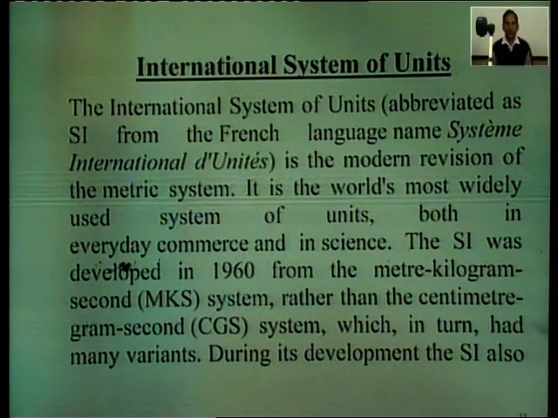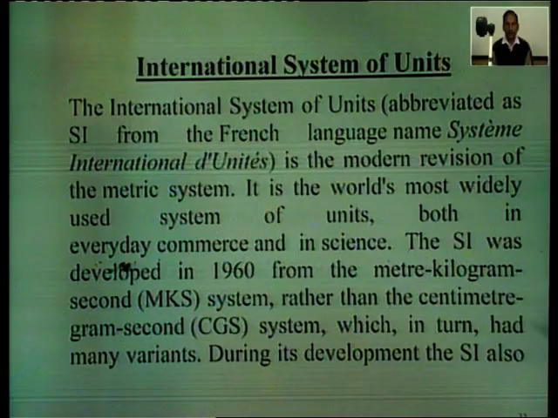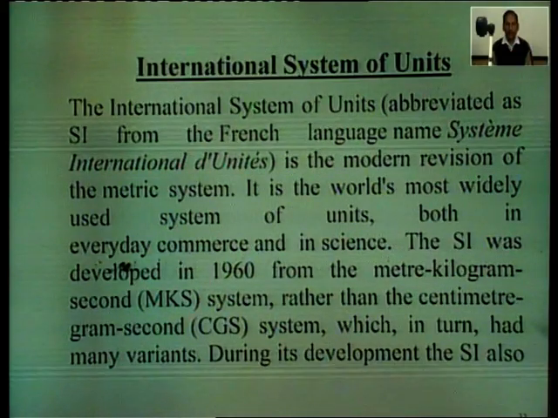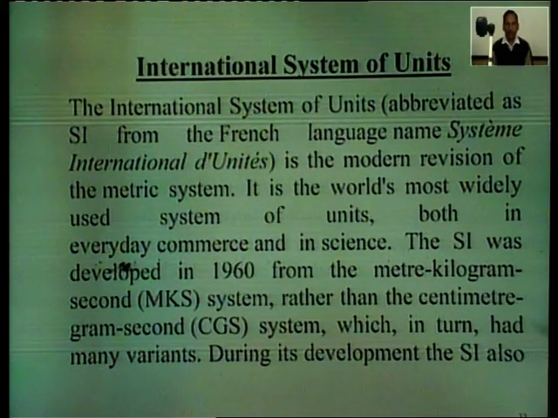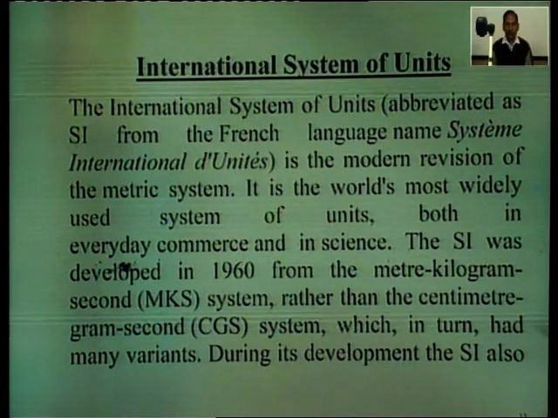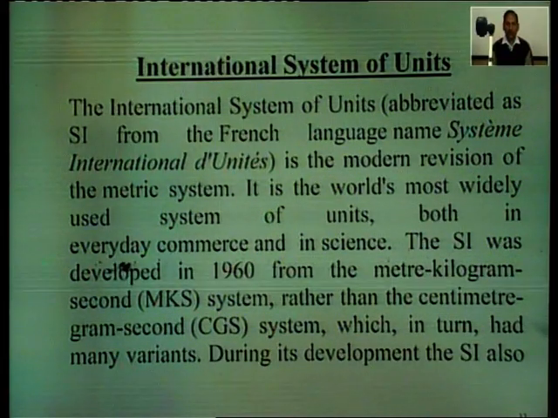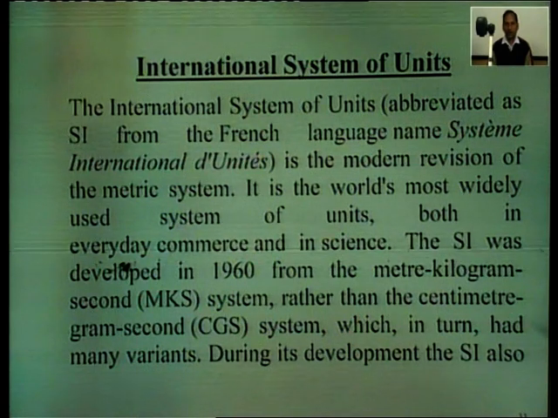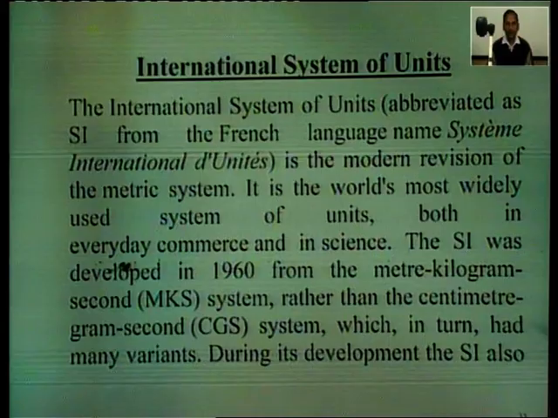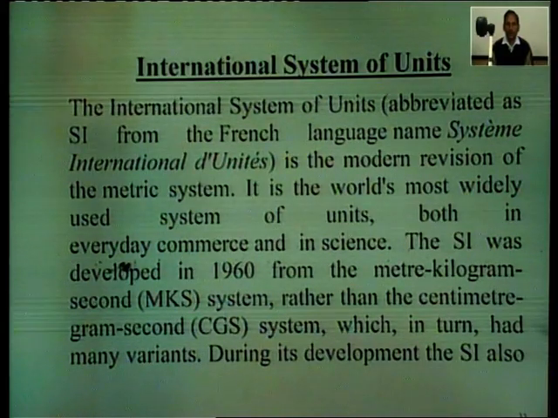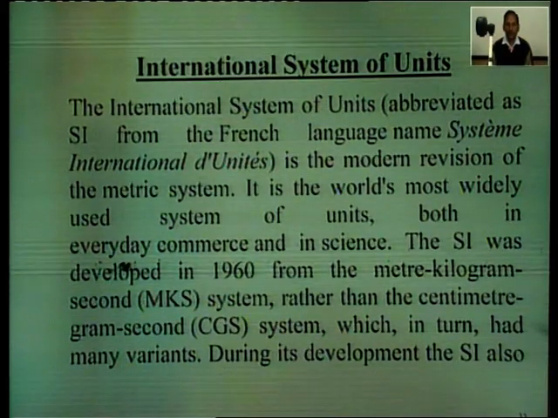International System of Units. The International System of Units, abbreviated as SI from the French language, is the modern revision of the metric system. It is the world's most widely used system of measuring units, both in everyday commerce and in science.